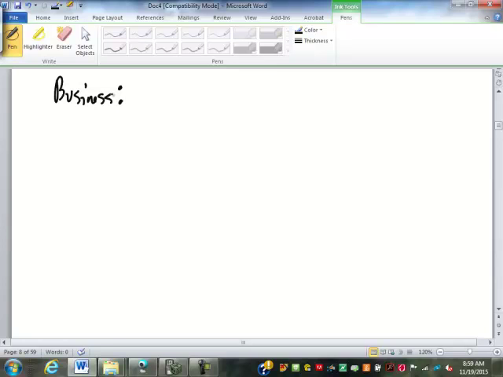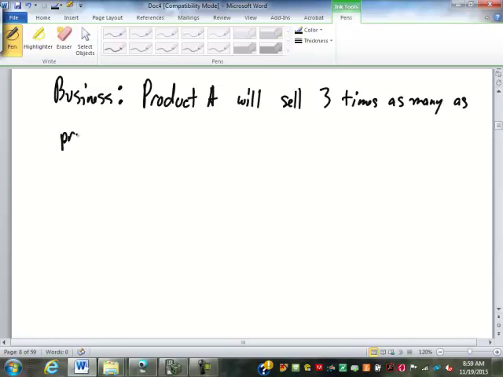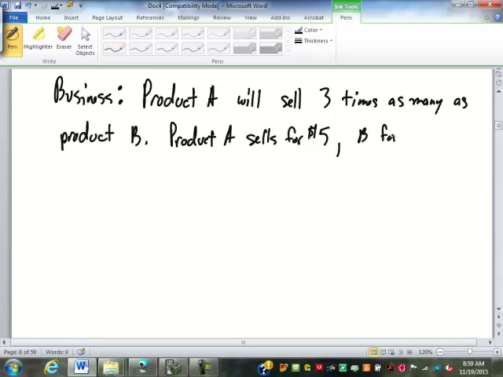Based on your experience, you believe that product A will sell 3 times as many as product B. Product A sells for $5 and B sells for $12. Yeah, we'll go $12 each.